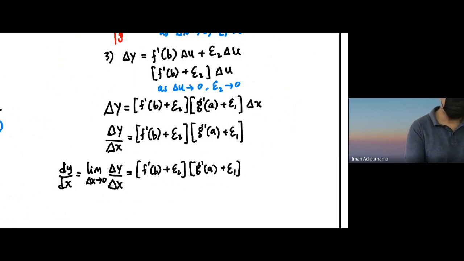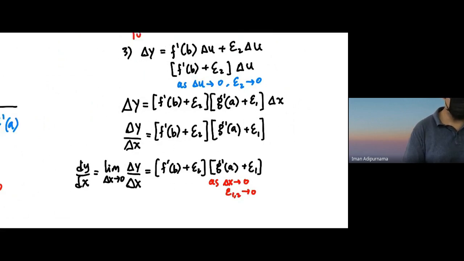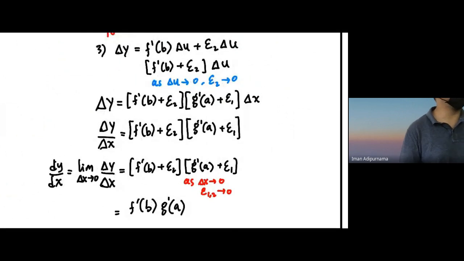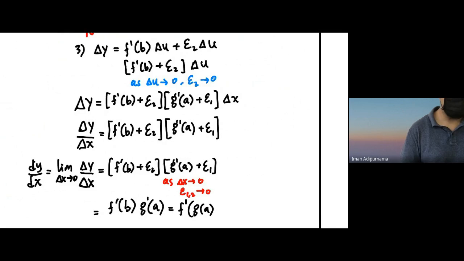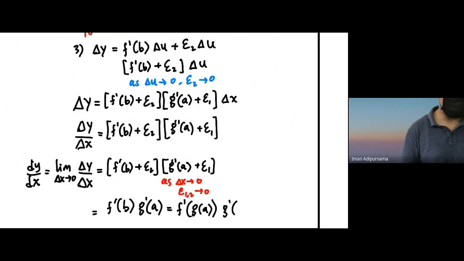All right, and then as delta x goes to 0, epsilon 1 and 2 also go to 0. Then we get f prime b g prime a, or because b is actually the function g, we can write f prime g of a g prime a.